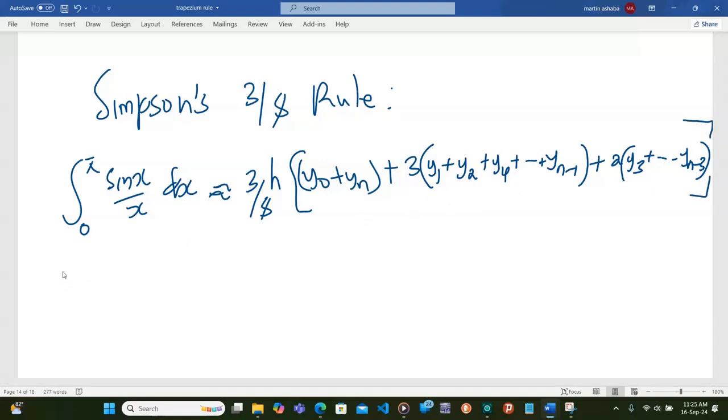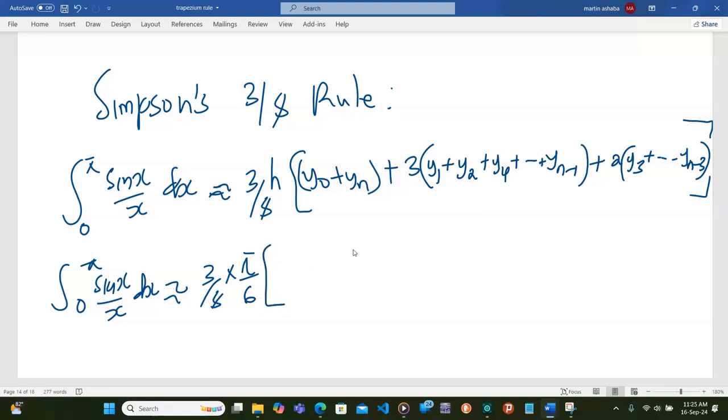Now, the integral from 0 to pi of sine of x out of x with respect to x will approximate 3 out of 8 times h, which is pi out of 6.